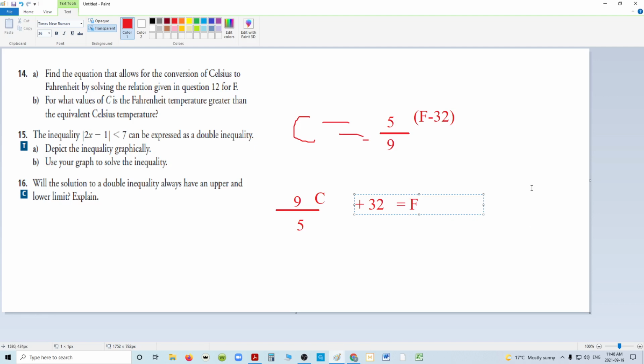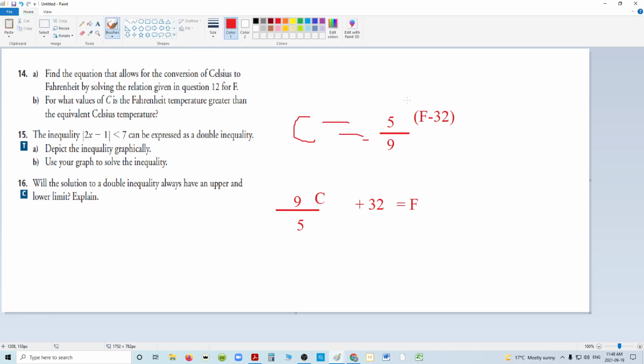That's what happens when you isolate the F. The first thing you do is multiply by 9/5 to get rid of it, then you add 32. And that's what you get. So this is the equation for Fahrenheit. This is the equation for Celsius. So if you know Fahrenheit, you can figure out Celsius. If you know Celsius, you can figure out Fahrenheit.